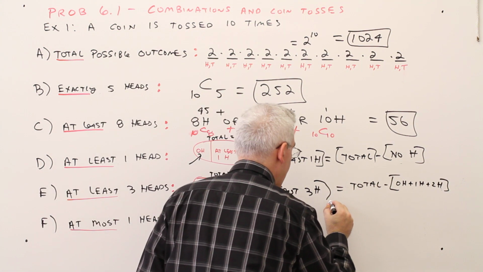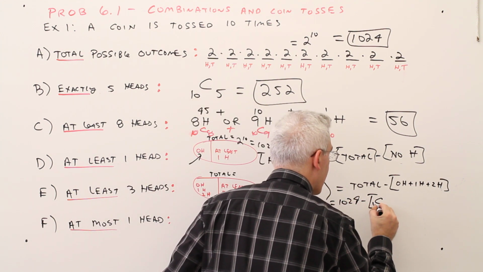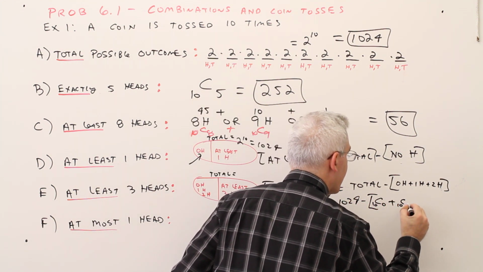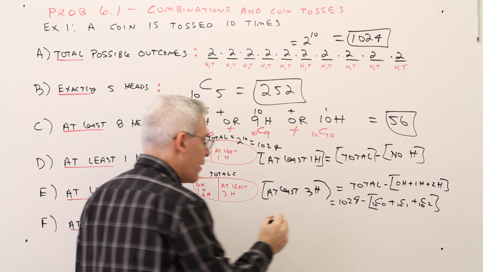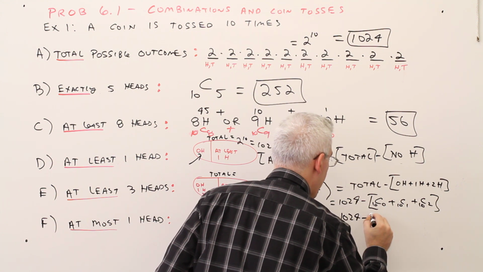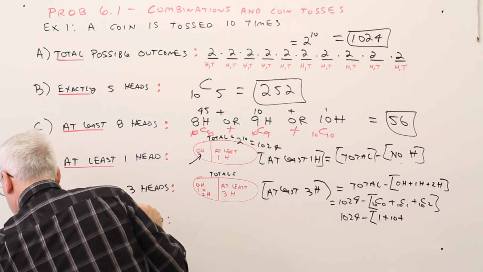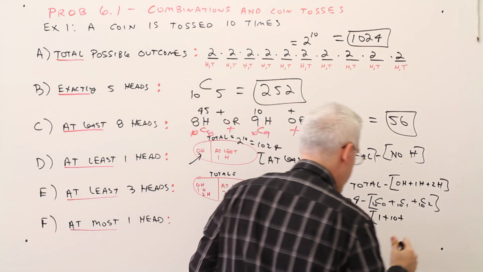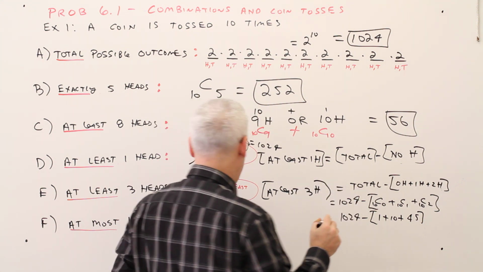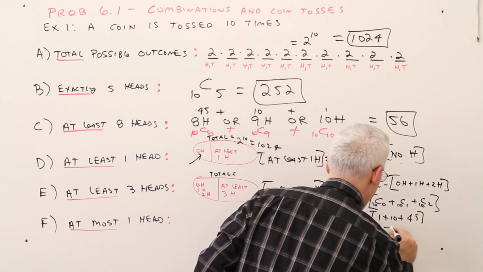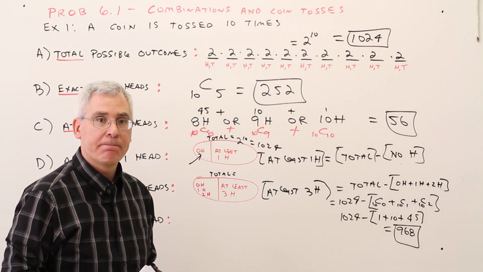So that's going to equal 1,024 minus 10 choose 0 plus 10 choose 1 plus 10 choose 2. So it's 1,024 minus 1 plus 10 plus, I've got it over here, 45. If you compute that, you get 968. And that's the answer to part E.